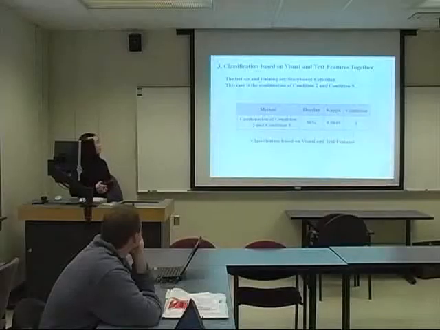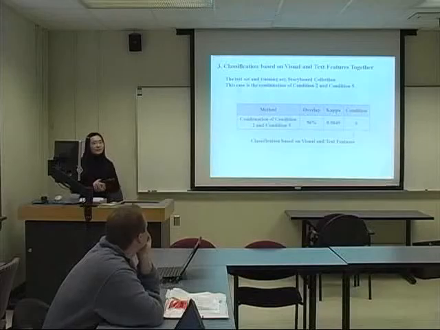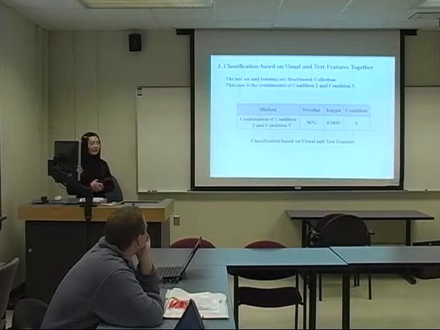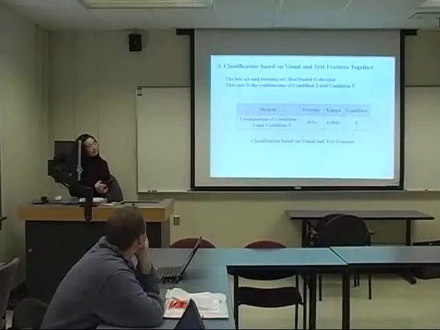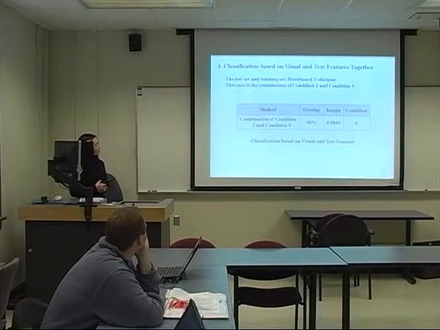In the above, we have talked about the classification based on visual and text features respectively. Now we may wonder, if we combine them together, what the effect will be. In the visual features, the combination of text and color can get the best result, and so do keywords in text.